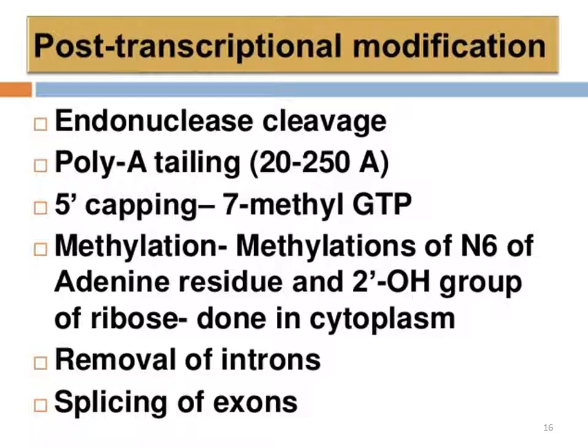Then there is methylation of N6 of adenine residues and of the 2 hydroxyl group of ribose, done in the cytoplasm. So this methylation takes place in the cytoplasm, while the poly A tail addition and capping are done in the nucleus of the cell.